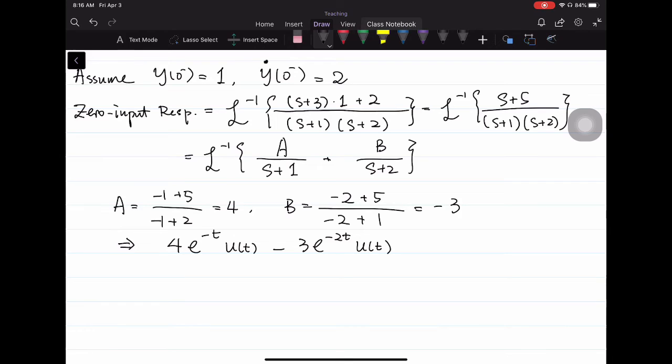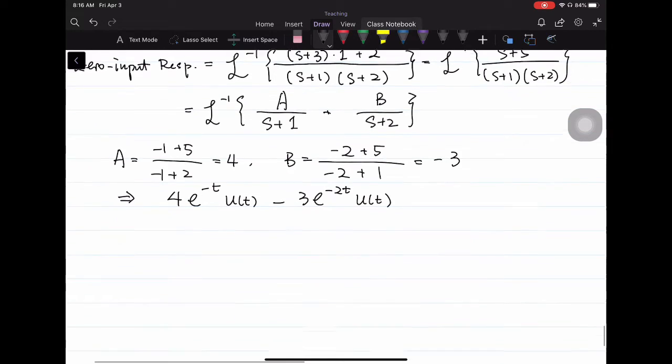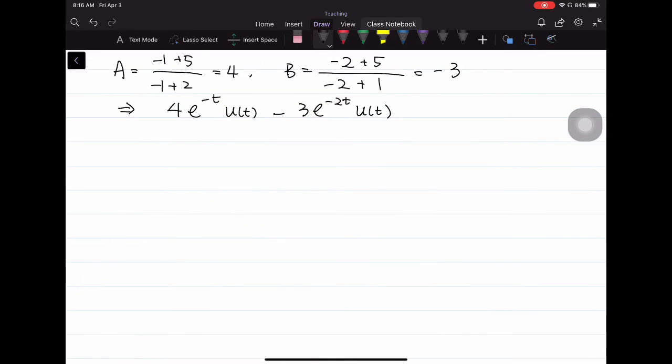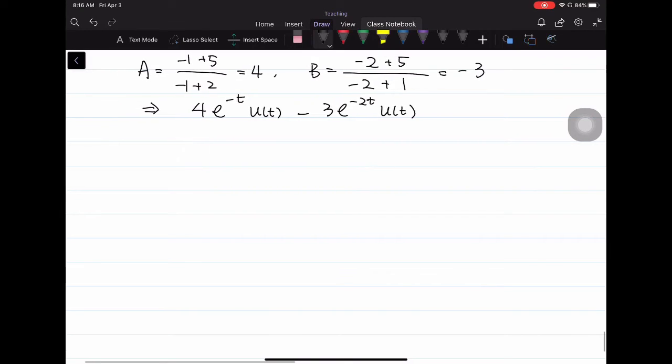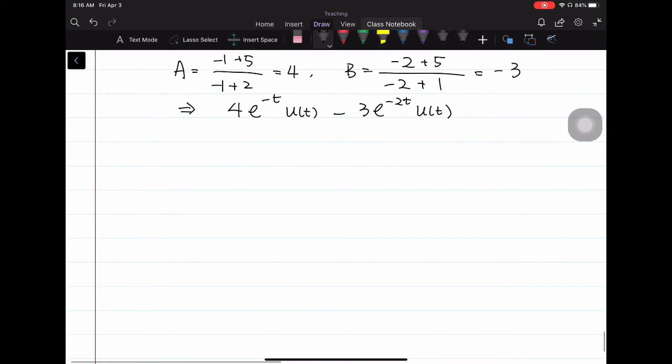Now, what else can we do? Now, we can also use this method to calculate the response, right? So now let's assume for the same system, I have f of t equal to e to the negative 3t u(t).